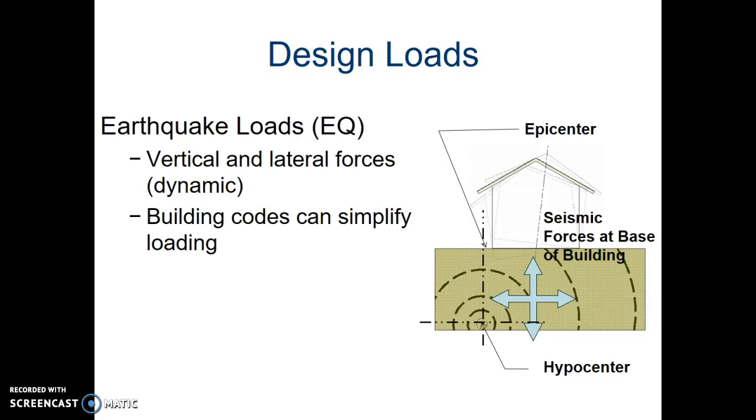Another design load is earthquakes, that's EQ, and there's vertical and lateral forces involved in earthquakes. It's a very dynamic type of load. And building codes can simplify loading for people.